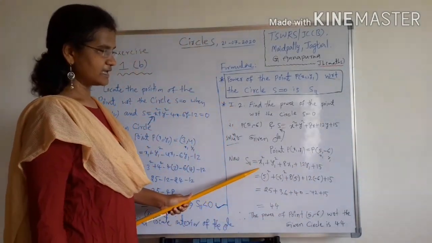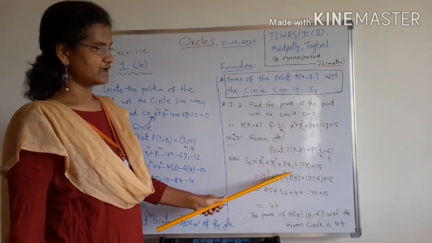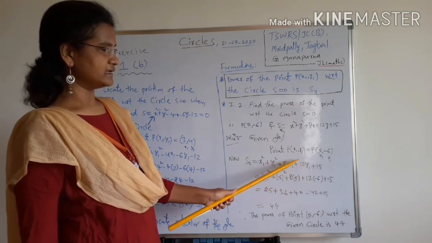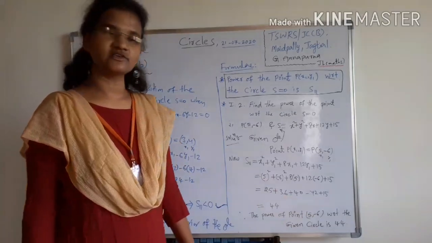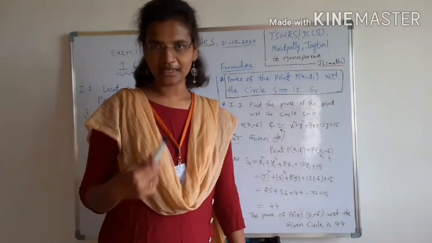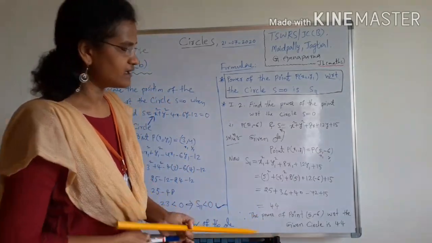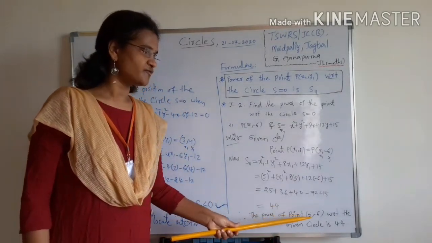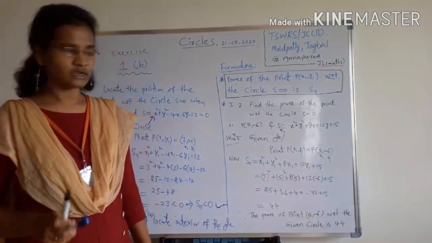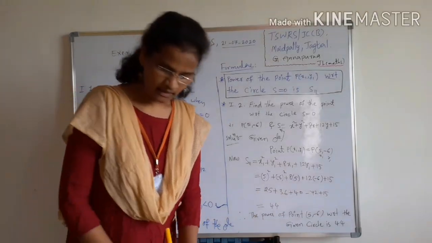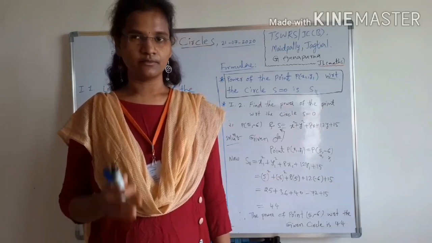See, x1 square means 5 square, y1 square means minus 6, 8 of x1 means 5 and 12 of y1 means minus 6, plus 15. After the calculation I got 44. That means the power of the point 5 comma minus 6 with respect to the given circle is 44.